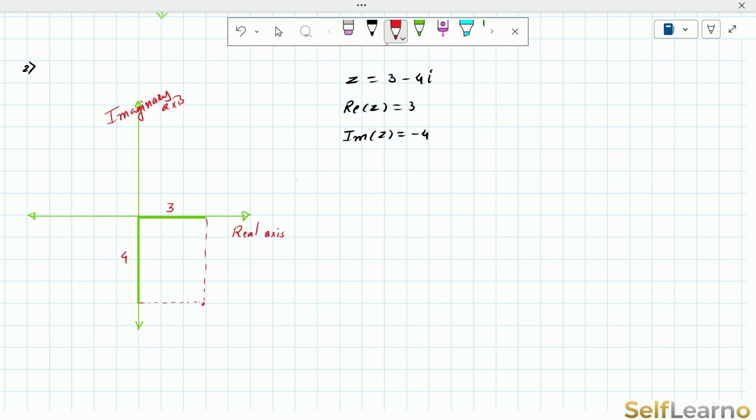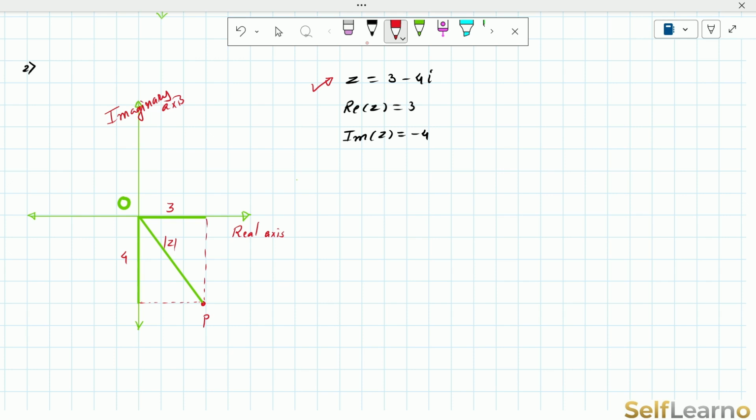So the position of this point P describes this complex number z is equal to 3 minus 4i. And the length of this line segment OP is nothing but the modulus of complex number z. And we want to find it.